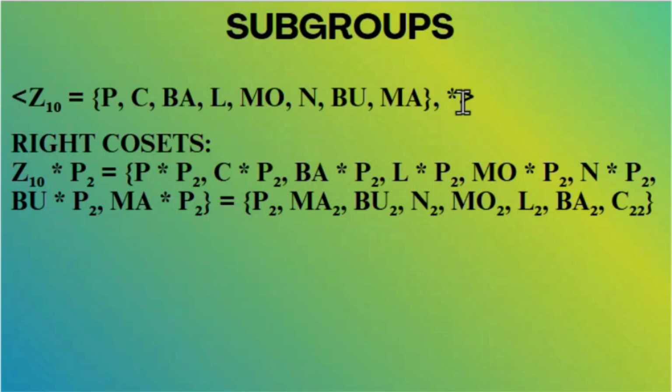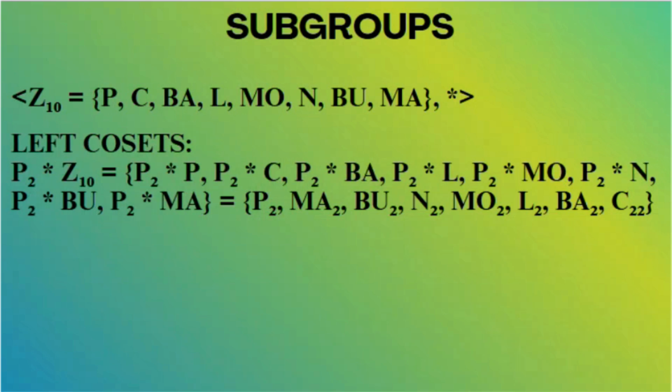So if our elements divide by 2, for example, we have 16 and our subgroup is 8, we're just going to write the remaining elements. So for example, if our elements are 8 and our subgroup is 4, the remaining 4 are our cosets. Okay, so here is for the right coset, and here is for the left coset.